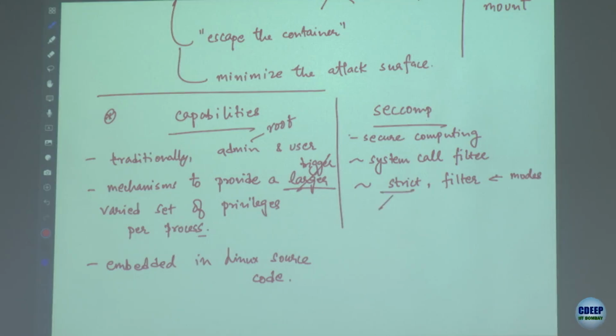The strict mode, I think, allows only 4 or 5 system calls, which are, I think, open, read, write, exit, and I think one more, I don't know which one that is. And this other mode, which is called the filter mode, is a customizable whitelist and blacklist.